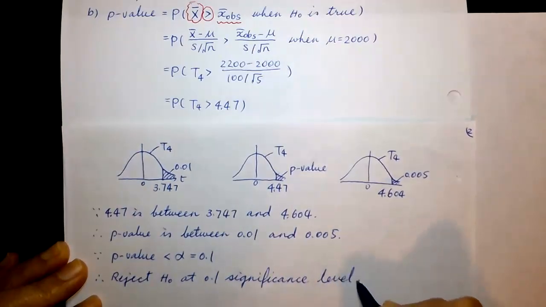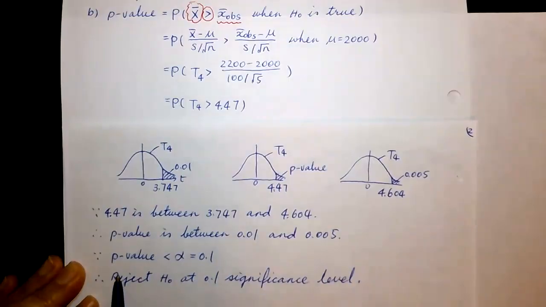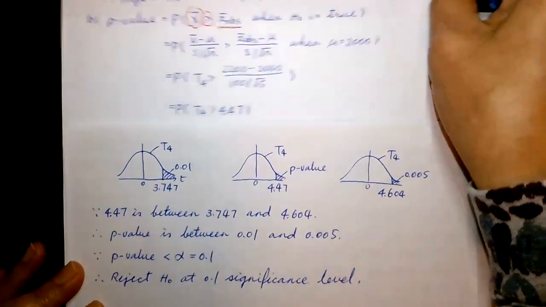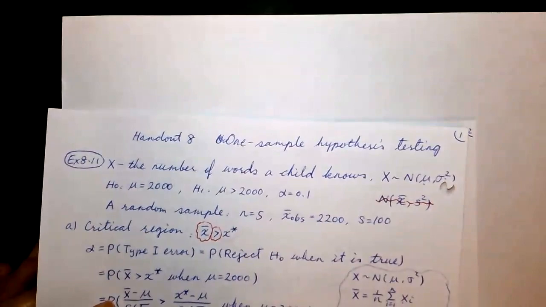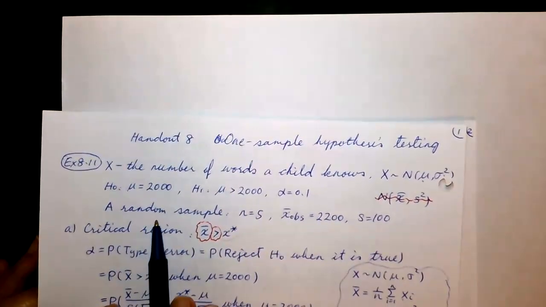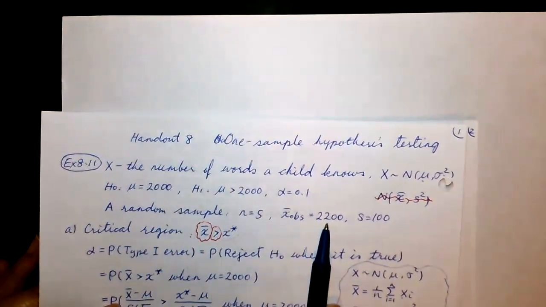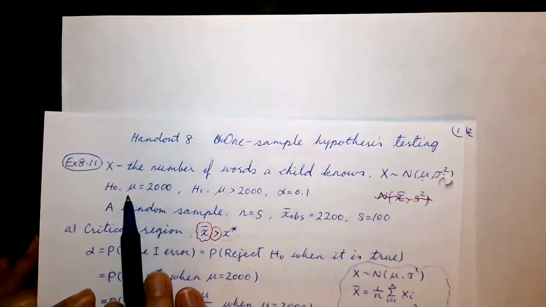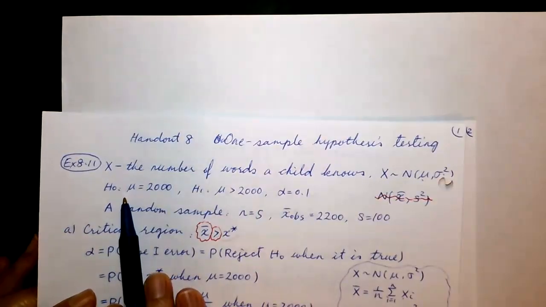Why? A small p-value would make us reject H naught. It still comes back to our definition of p-value, right? Because p-value is so small, it's extremely small. That means it is very difficult to find a sample even worse than this one in supporting H naught.